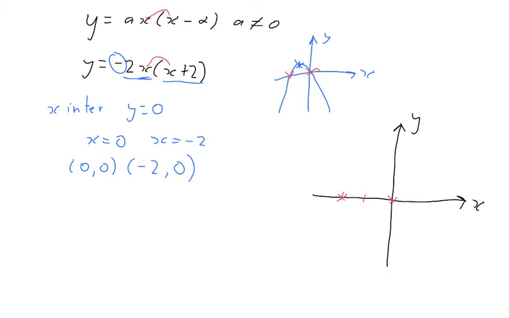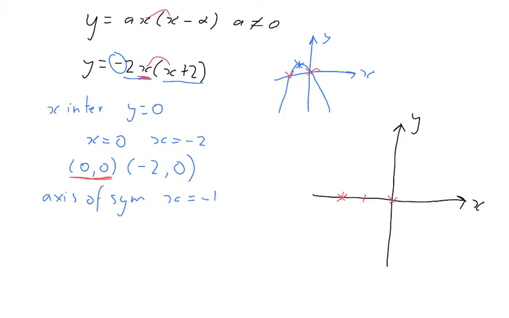A good idea is, when you see an equation that looks like this, we know one of the x-intercepts is going to be the origin. So let's look at the axis of symmetry. Well, that's between 0 and minus 2.